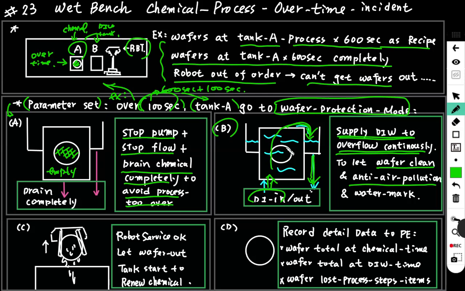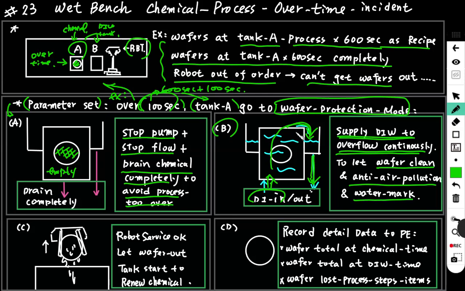If we just drain the chemical, the wafer is in the atmosphere environment. It can get some particle pollution or any other chemical vapor or chemical gas pollution. So supply the DI water to let the wafer sink in DI water to protect it from the air pollution. And also to prevent the watermark.